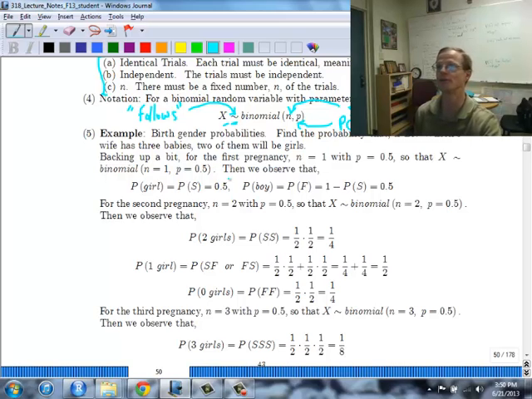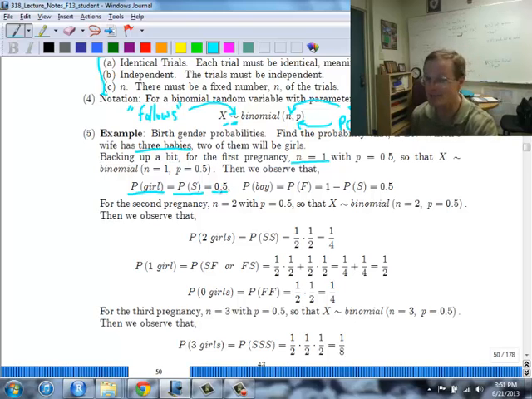Let's do a very simple example here. And we'll just talk about my wife. Let's say that she has 3 babies, 2 girls. Now I have 2 daughters. In fact, that's all I have. So we're just doing a hypothetical here. Let's just consider the first baby. We're going to let probability of success be having a girl. Again, that's totally arbitrary, but we'll do it that way. And we'll say it's 50%.